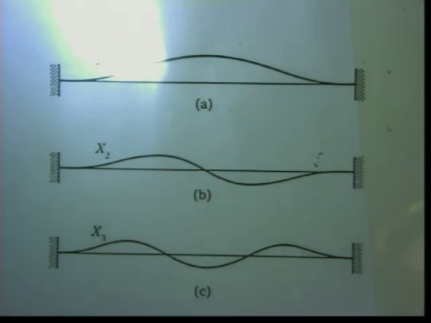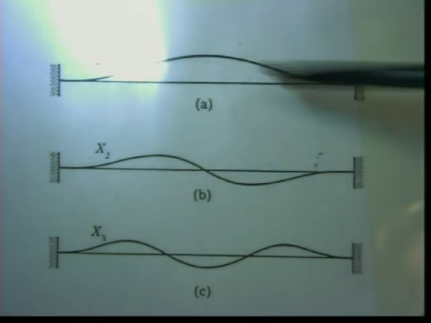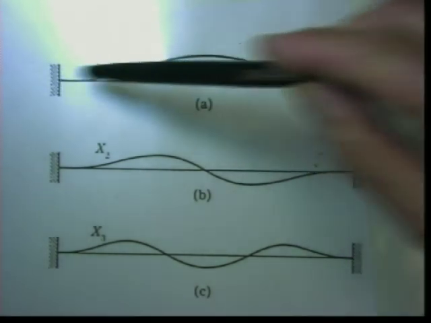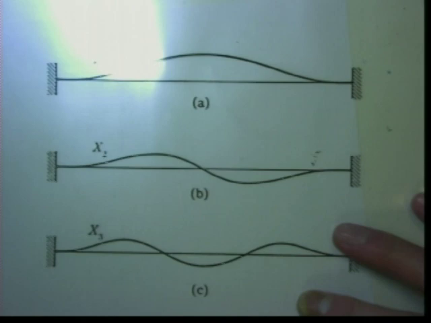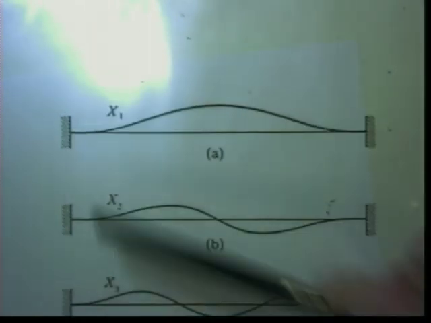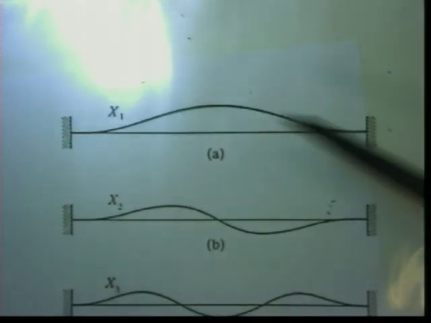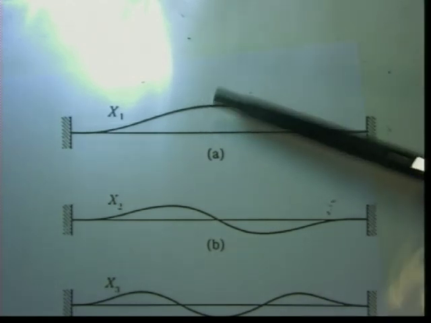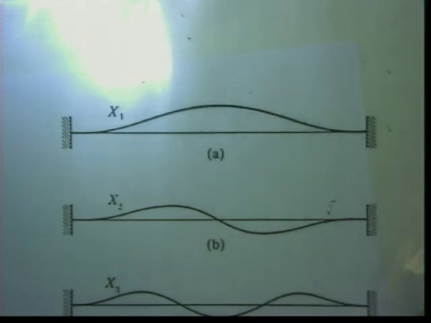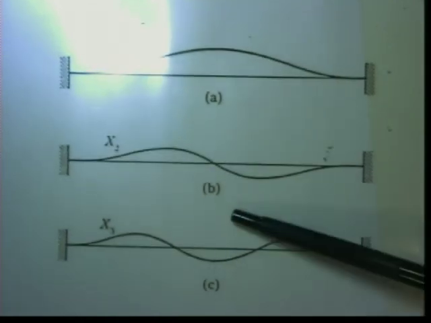Now, first of all, mode shapes. Here, two boundary nodes. One node, second node, boundary nodes. No inner node. Here we have one inner node.